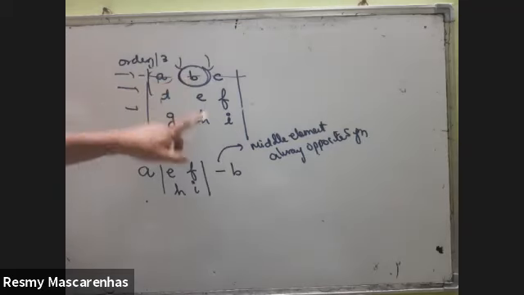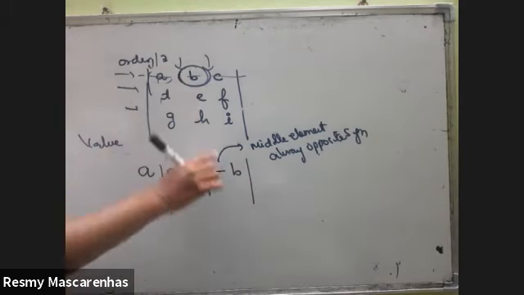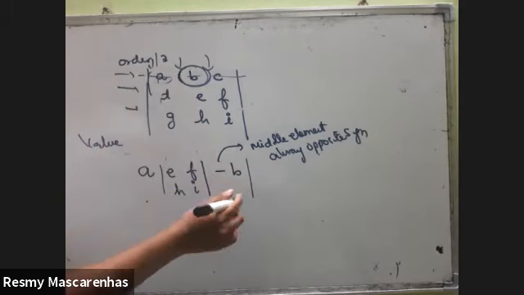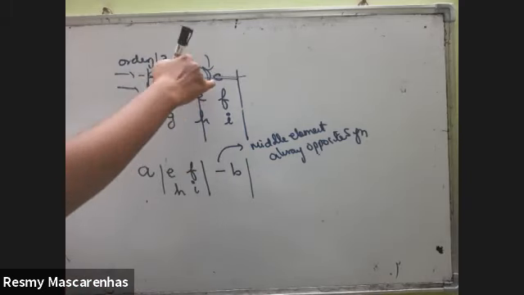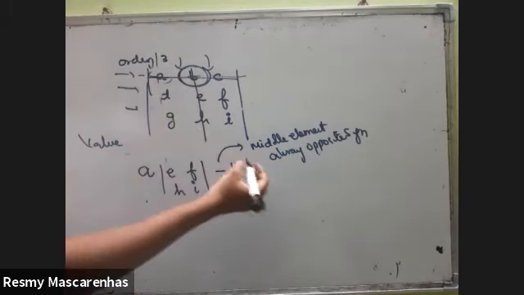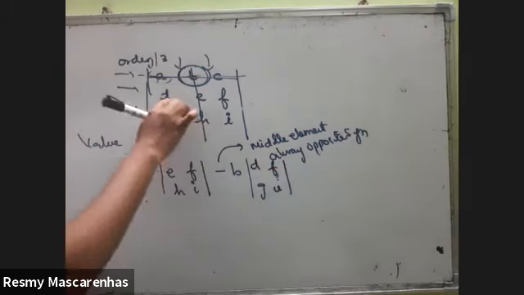Here if it is minus, here you have to take plus. The middle sign is always the opposite: if this is positive, the middle sign will always be negative. Now close the row and column attached to B. This will be D, F, G and I. The remaining letters we just write.